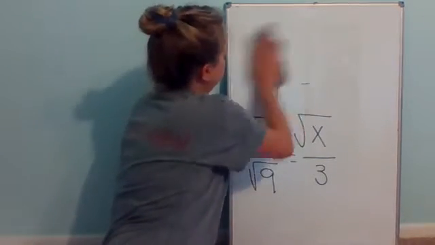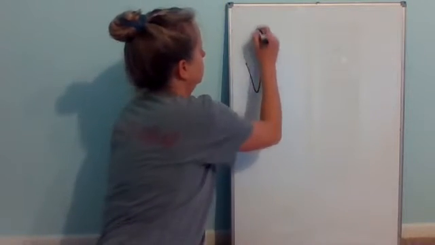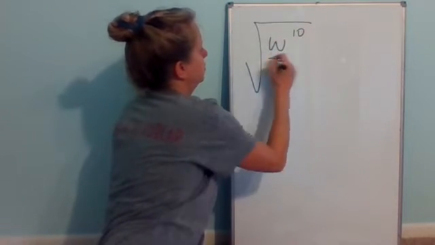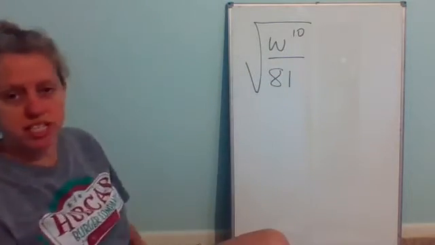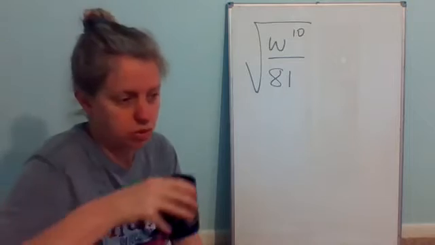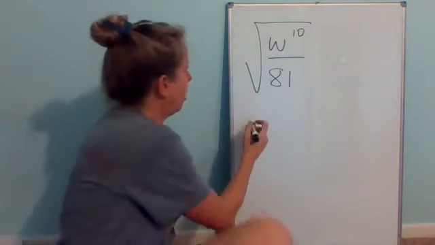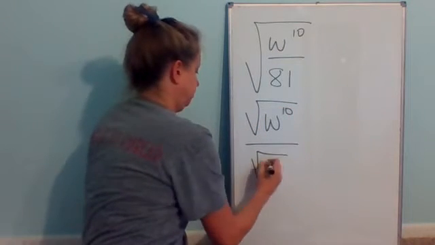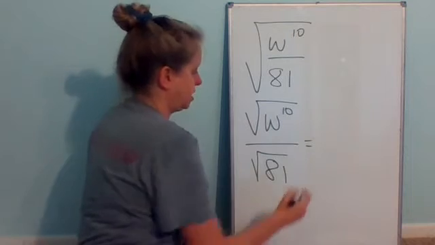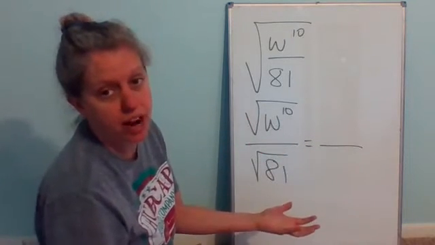Number 4. Square root of w to the 10th over 81. I'm going to break it apart. Let's see again. I'm going to do the bottom first. It doesn't matter. It's like it's two separate problems anyway now, right?